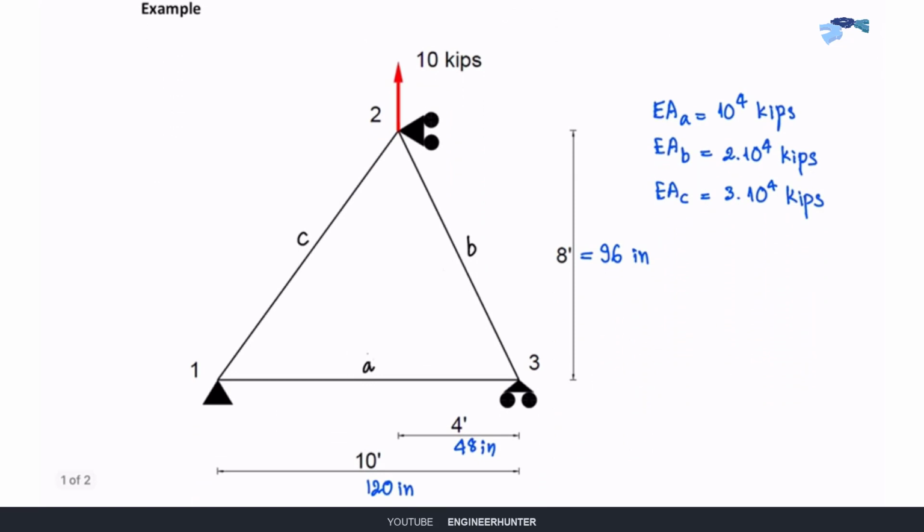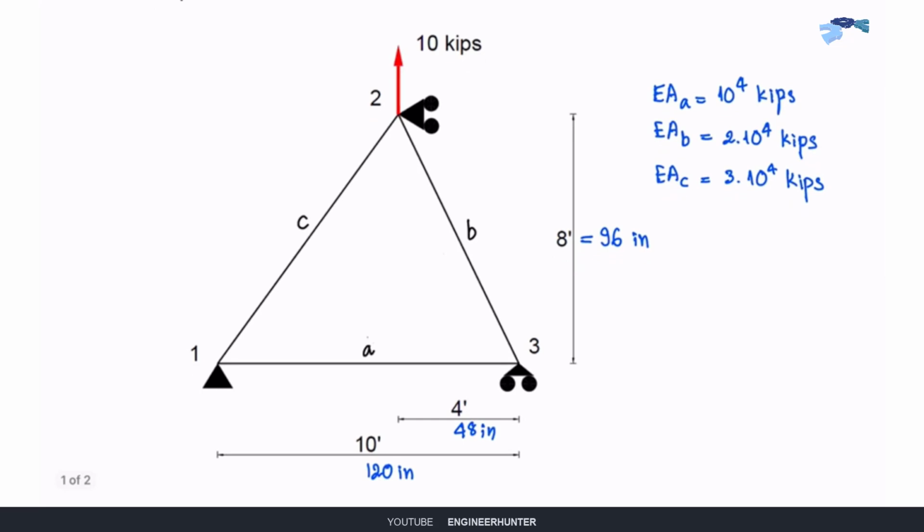Okay, this is the example that I'm going to talk about by using this method. This is the axial stiffness of each element. So this is the axial stiffness of the elements A and B, and the last one is C. Okay, so I'm going to start with the first step.